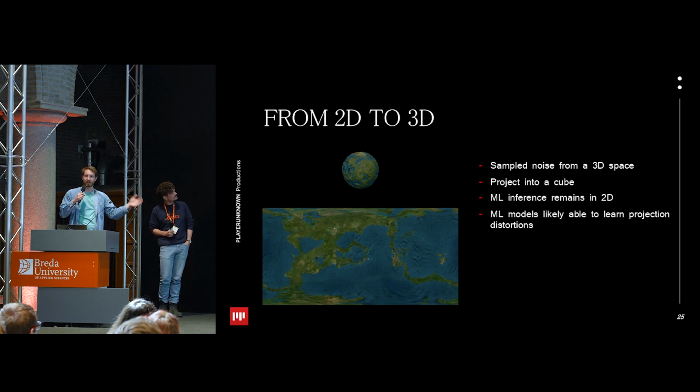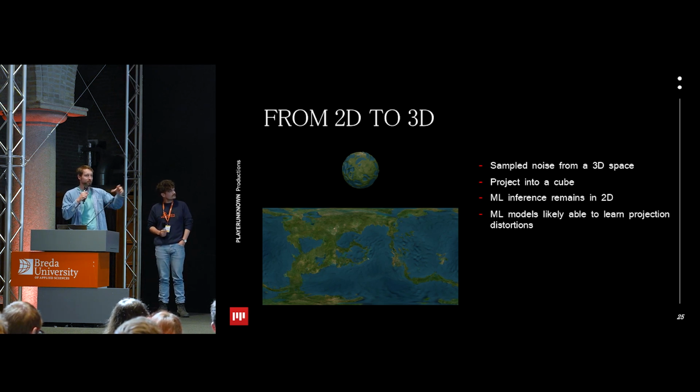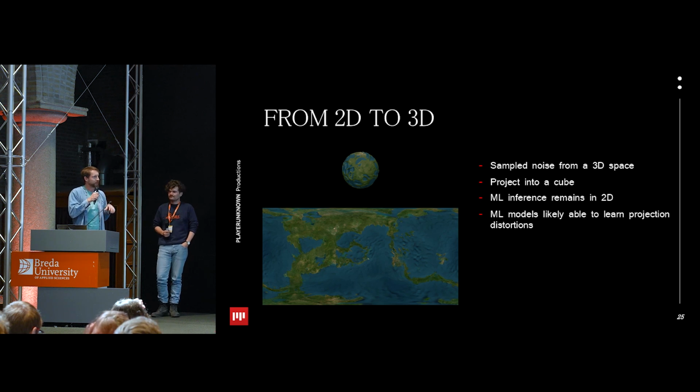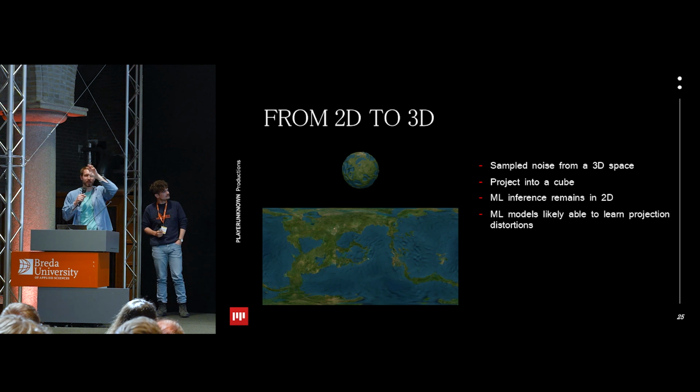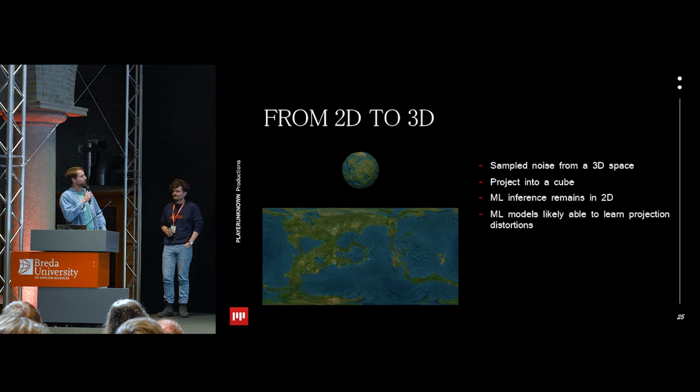So now our control signal is also distorted in the same way. And when we pass this to the same pipeline as before, the outputs from the machine learning model also contain the same distortion. This is likely due to the fact that our training data included imagery across the world that was distorted in different ways. Up near the poles, it's going to be more stretched, and near the equator, it is undistorted.